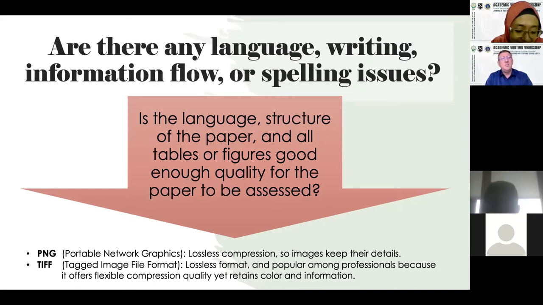So there should not be issues with language or spelling when you submit a manuscript. But sadly, there are so many issues. And I find that the structure of the paper, especially if there are hundreds and hundreds of language issues, you know, if 10% of the paper is full of language issues, the readability is going to be severely lacking.